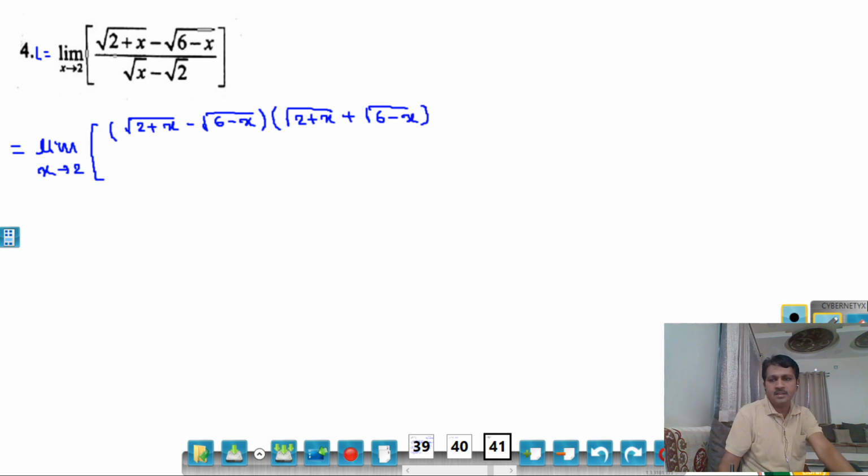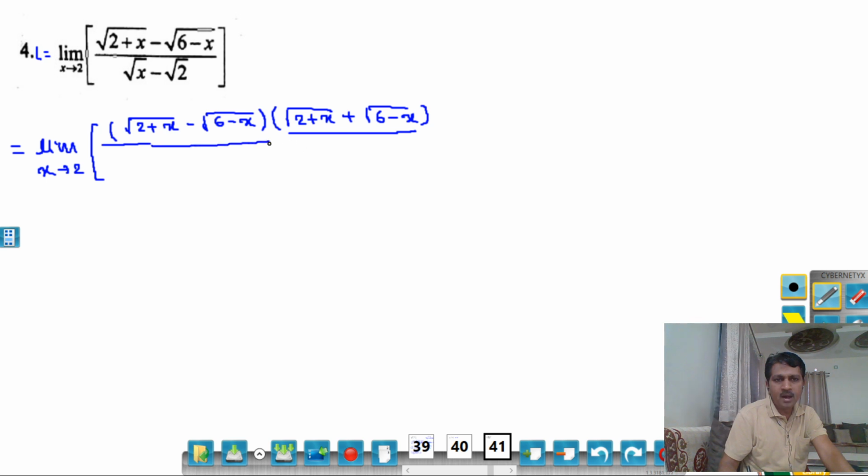Remember that this is the extra term. We have multiplied the numerator by this term. It means I should multiply the denominator also by same term for rationalization purpose. Okay, so I will multiply by that, and at the same time I want to rationalize the denominator.